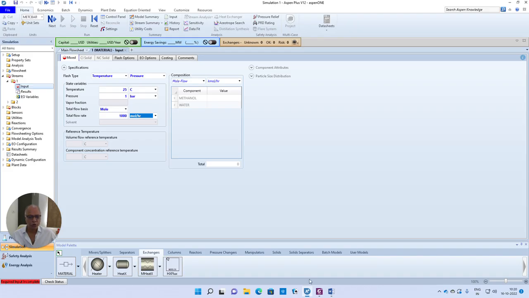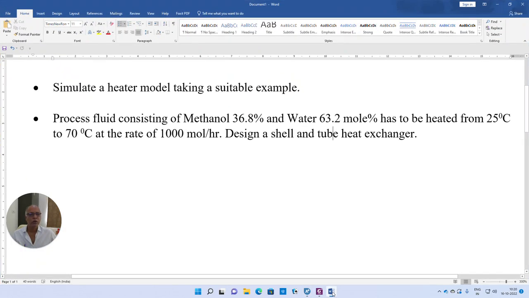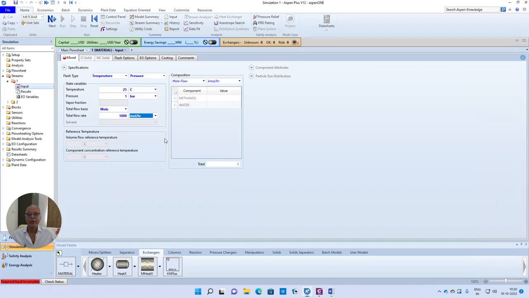And we know the composition. So let me take it as weight percent, 0.368 and 0.632. So we have defined the stream.